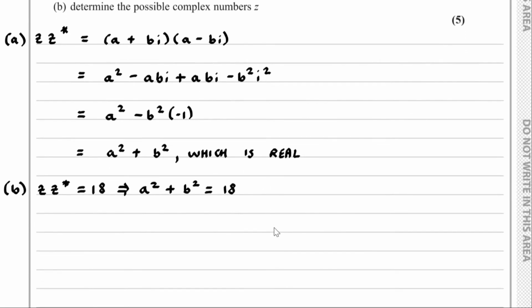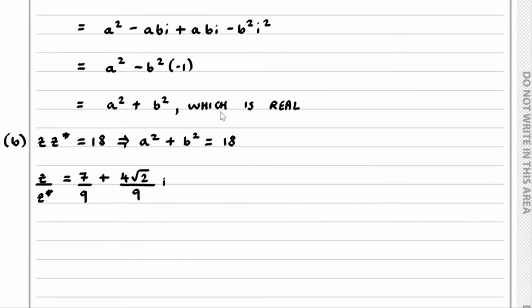And if we know that z over z star is equal to 7 over 9 plus 4 times square root of 2 over 9i, well, what this is the same as is a plus bi over a minus bi, so that's z over z star.